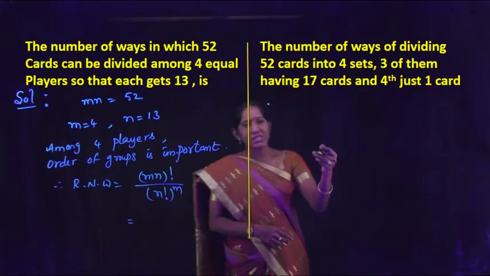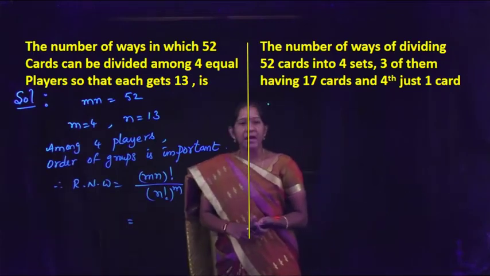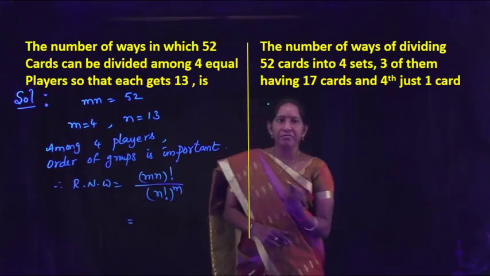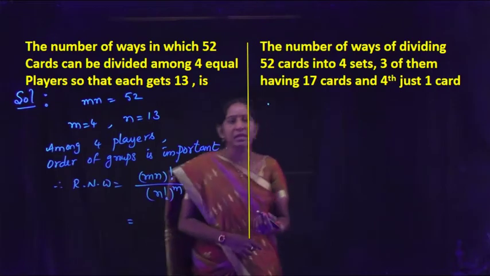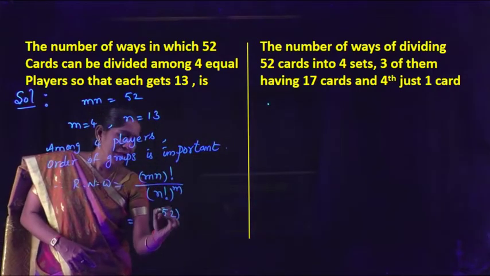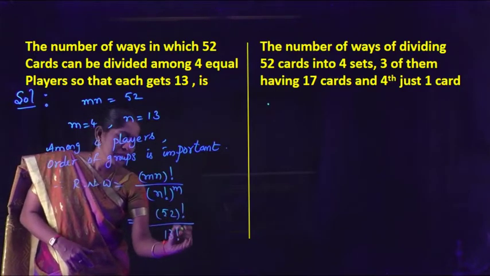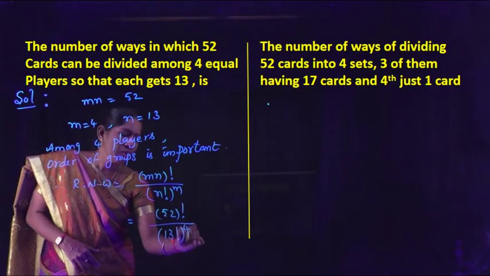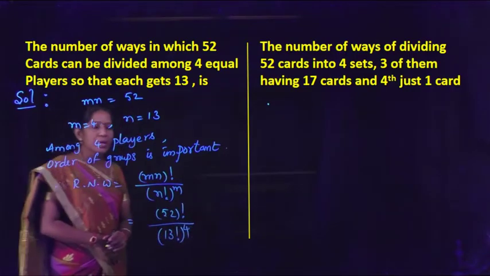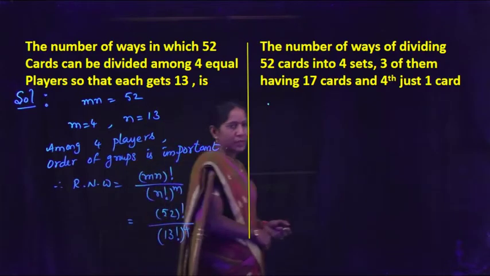Order of groups is not important, then it is (mn) factorial by m factorial into (n factorial) whole to the power m. Then here mn is 52. So 52 factorial by (13 factorial) whole to the power 4. See the next problem.